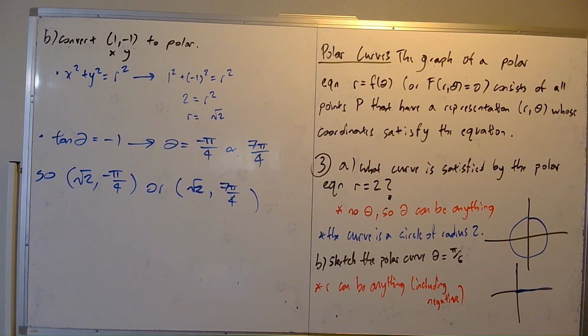So if you take all of those points, that's going to be these points here, but also notice that r can be negative, so it'd also be these points here. And you end up getting a line here at an angle of theta equals pi over 6 from the polar axis. Because it's just all the points at an angle of 30 degrees away from this axis, and it doesn't matter what the radius is. So that's your answer there.